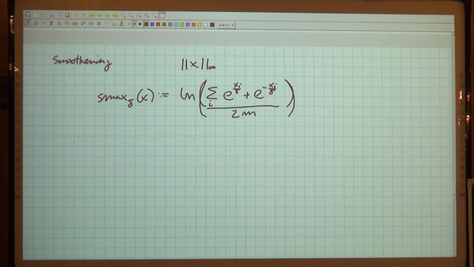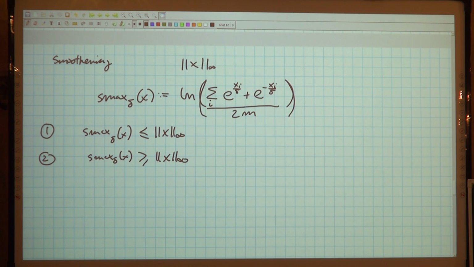So notice the following thing. First of all, one observation to make is that smax of delta x is always upper bounded by the L infinity norm. I will leave this as an exercise, but this is not hard to see. And from the other direction, what you can show is that smax of delta x is always at least the L infinity norm minus delta times log of 2m.